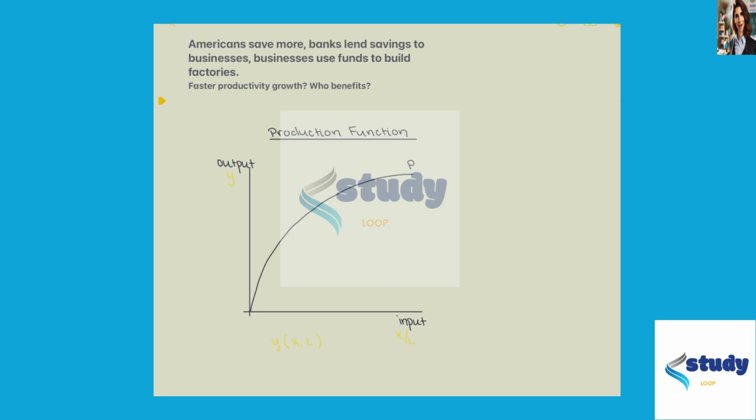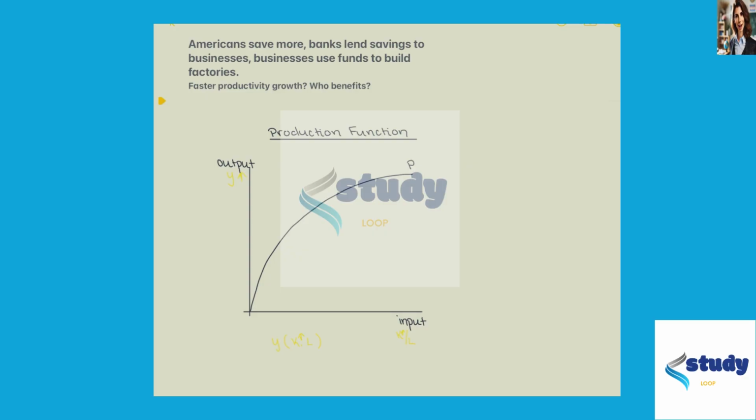So what we're told here is that because Americans are saving more, which allows banks to lend this capital to businesses, we're seeing an increase in capital for these businesses. So as capital increases, we would expect our input to increase, right? So if capital goes up, we're going to get a larger number in our input, which means our output is also going to increase.